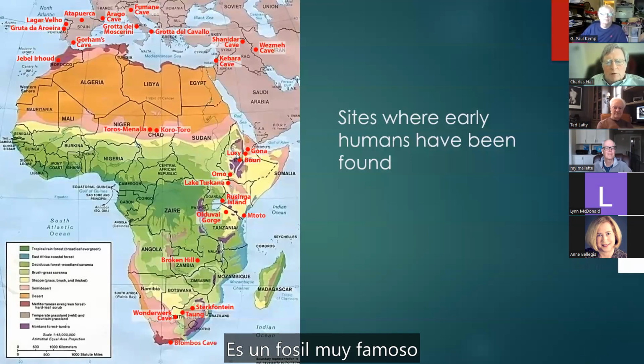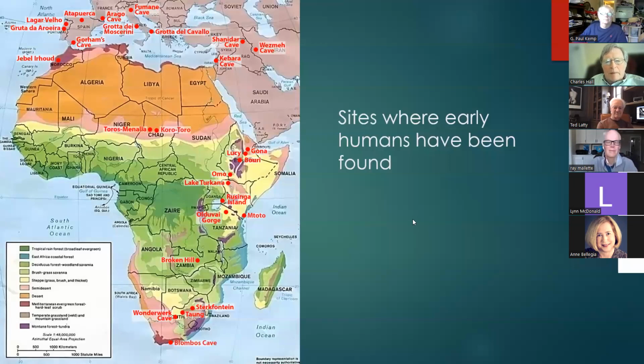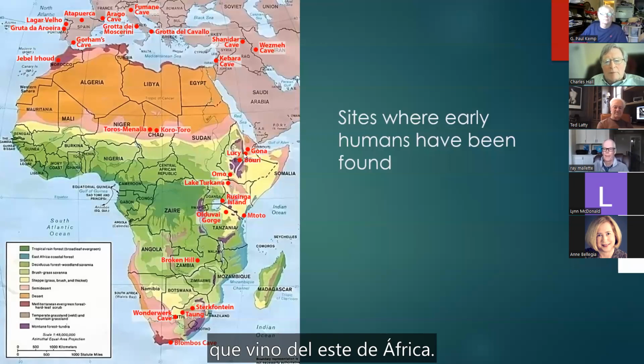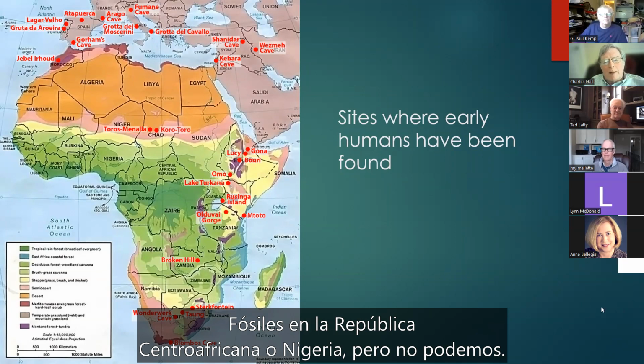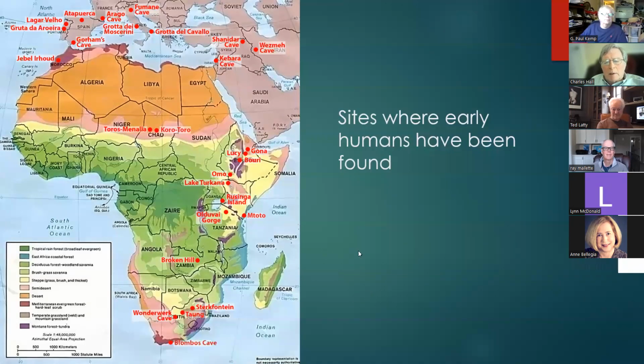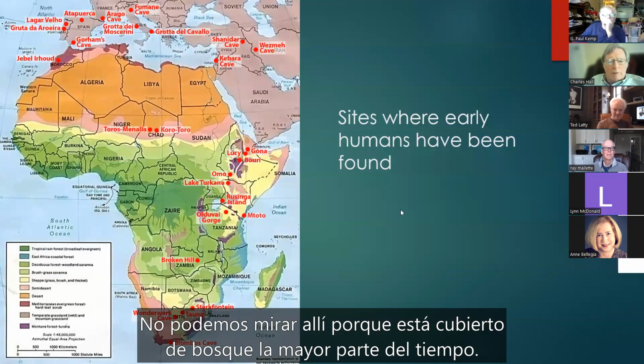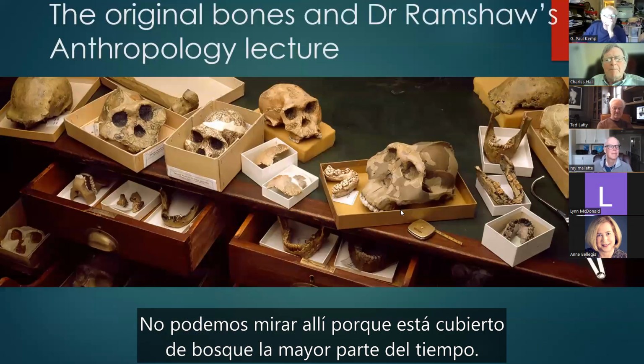Lucy is a very famous fossil that came from East Africa. Now, maybe there are lots of fossils in the Central African Republic or Nigeria, but we can't look there because it's covered with forest most of the time.